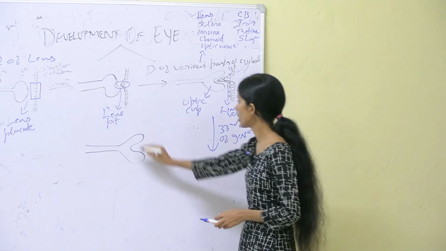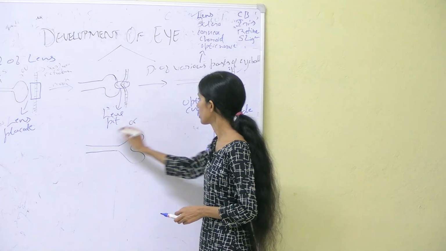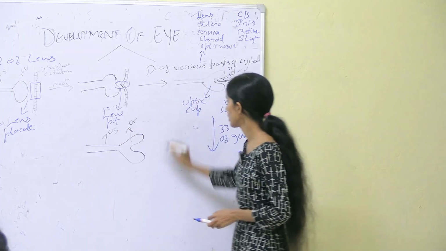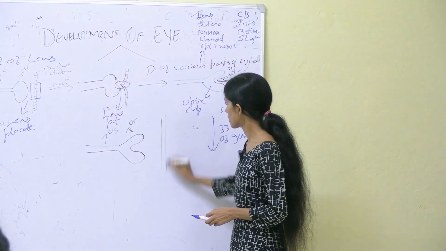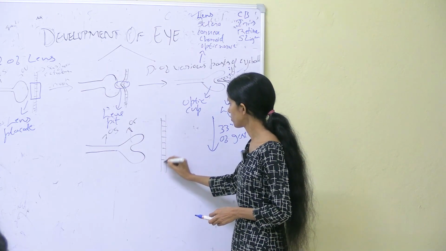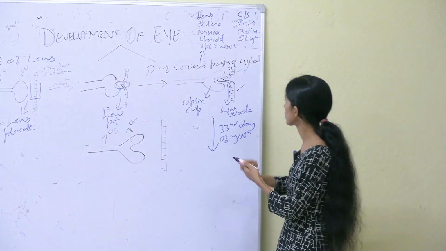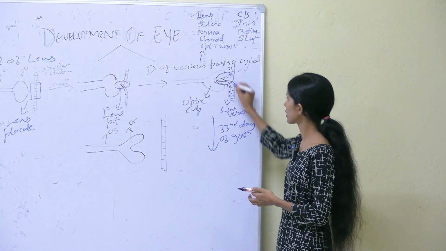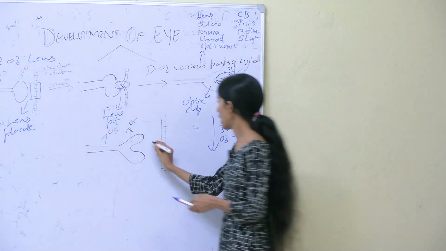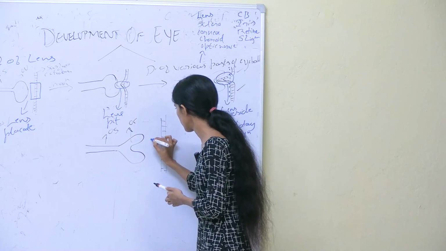Okay, this is your optic cup and this is your optic stalk, and this is your surface ectoderm. Only this part will get separated from the surface ectoderm and present here like this.